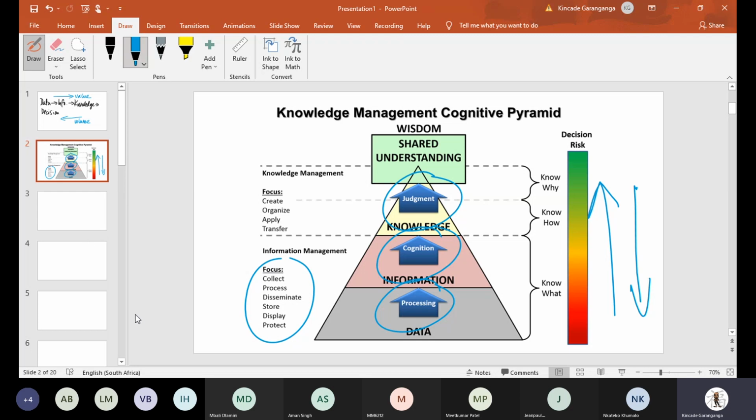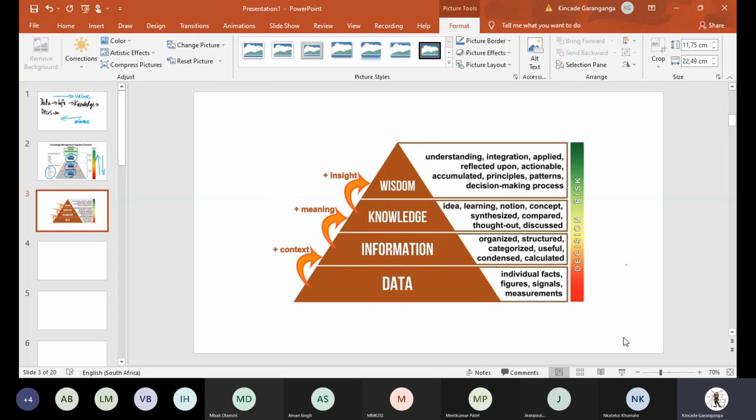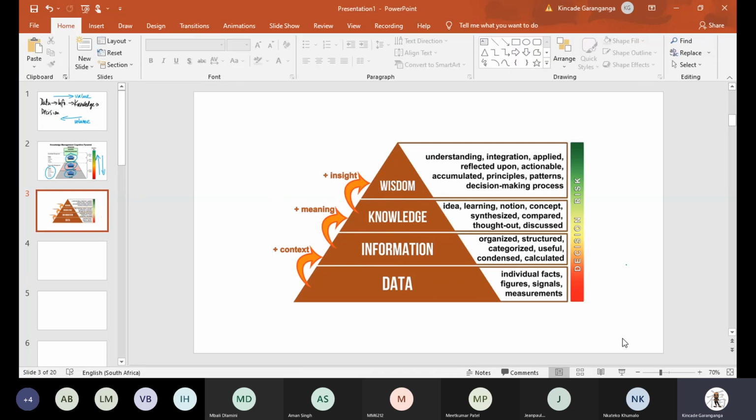And then again, if you want to look at it from a different point of view, the same aspect, but from a different perspective, in order for you to gain some added understanding, if you look at what we've got on screen currently, we've got that data, which is the context information, confers meaning, that knowledge enables you to gain insight. And again, the decision risk is still one and the same.